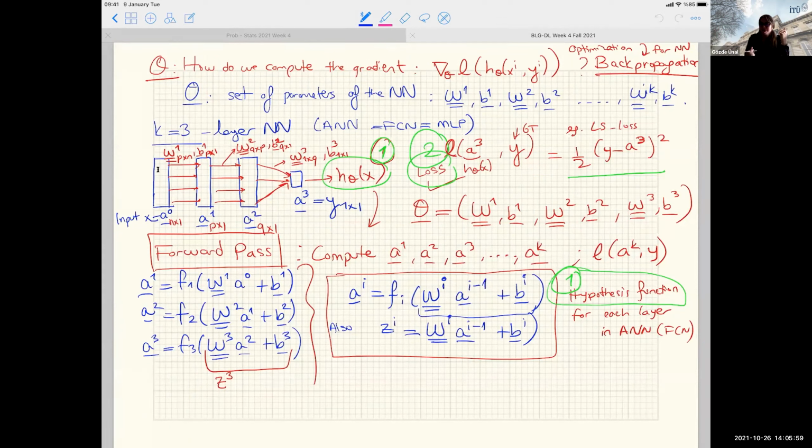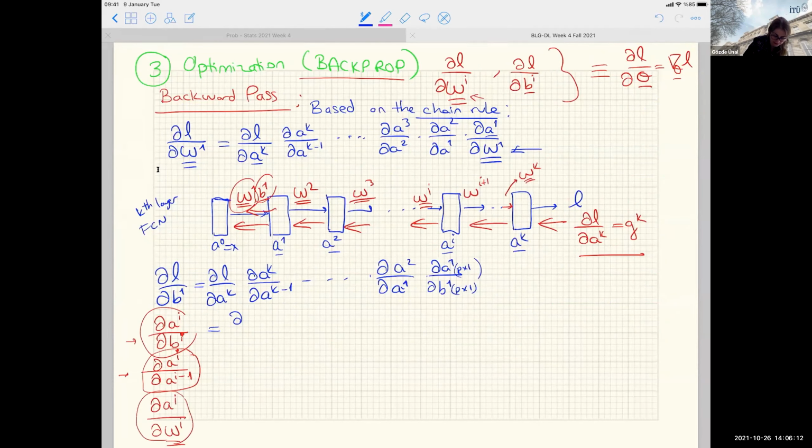So I will have a diagonal matrix with each of the F primes with respect to each component of the vector on the diagonal. So this del F by del Zi will bring me a diagonal matrix. So I will use the output of the affine layers before the activation, Zi.